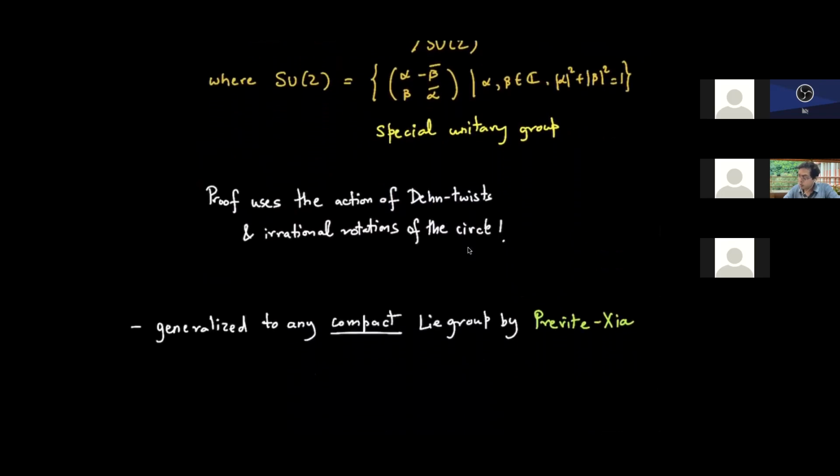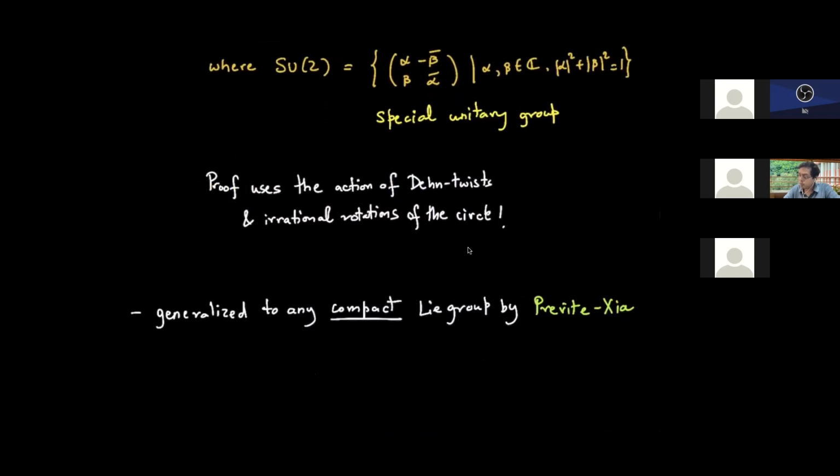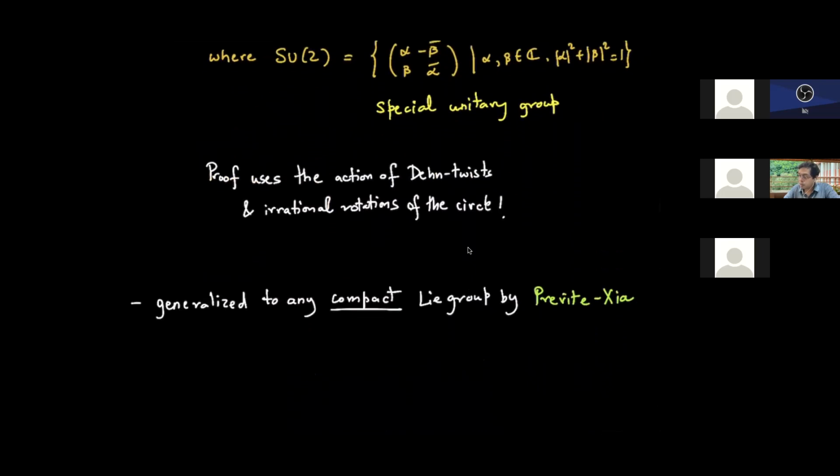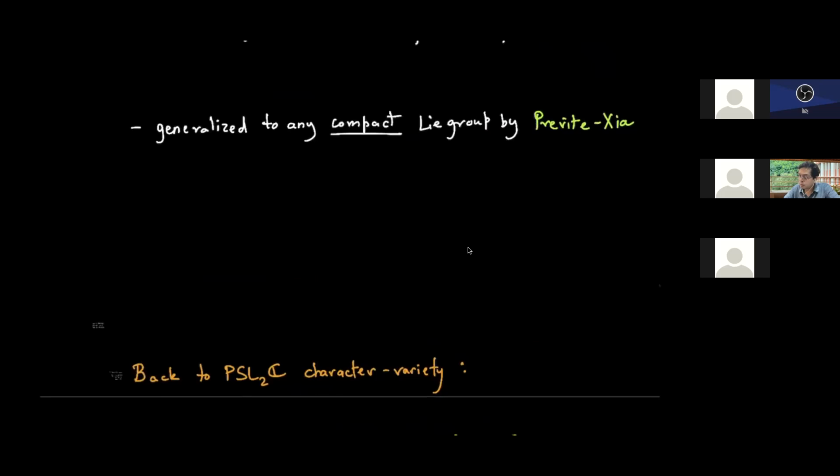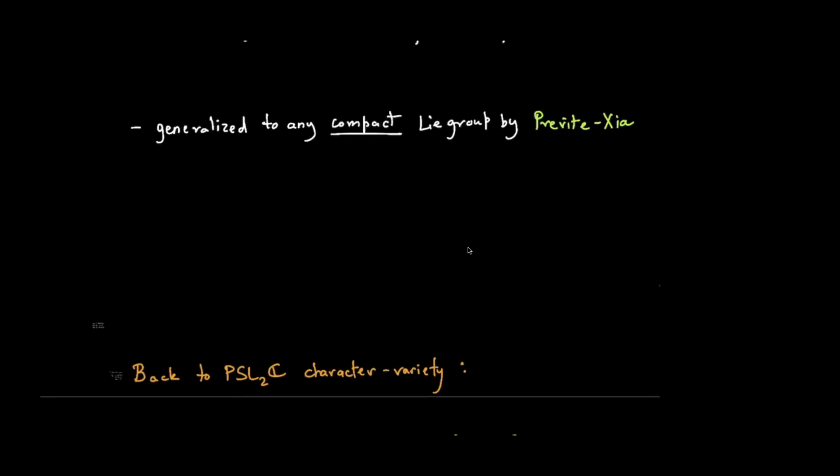Then this was generalized to any compact Lie group G, so the G character variety, by Pickrell and Xia. So it is ergodic there, but the question is about PSL2C, which is of course non-compact.